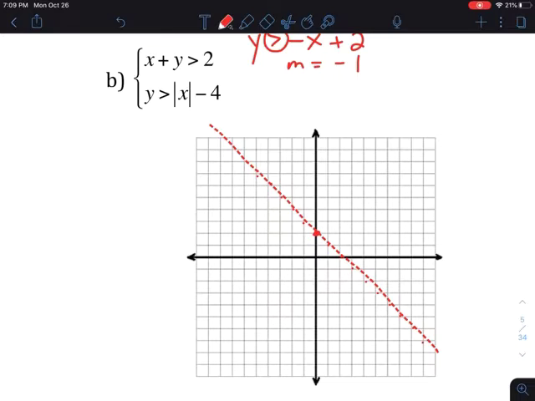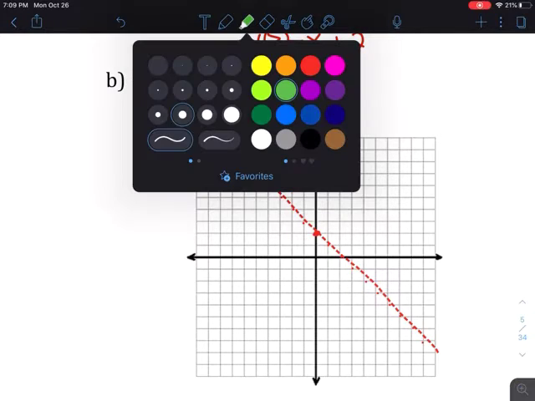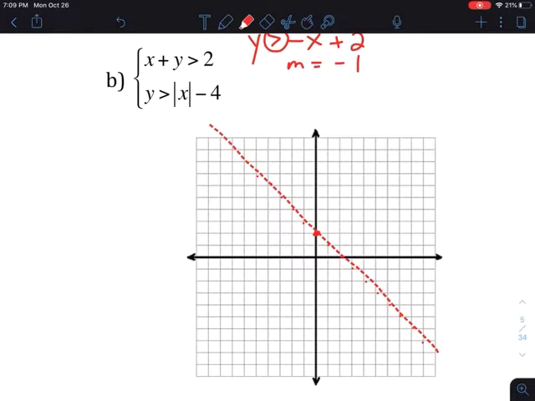All right, with this stylus, that's about the best I can do. I was supposed to be going through all the dots, but oh well. It's tough. I can't use a ruler on an iPad. All right, and then for the shading, don't forget your shading. It is greater than, so that would be above the dashed line.